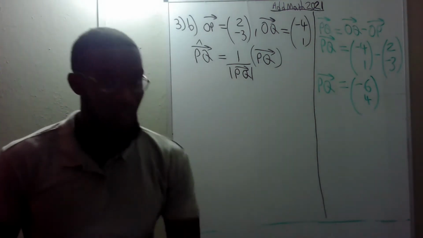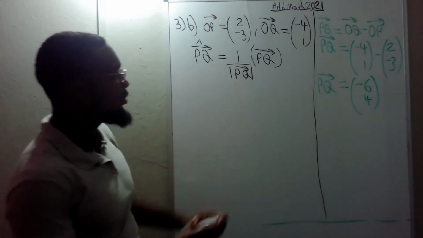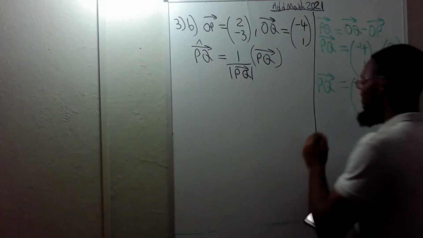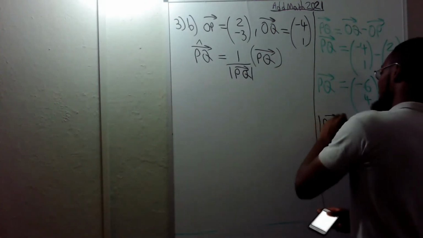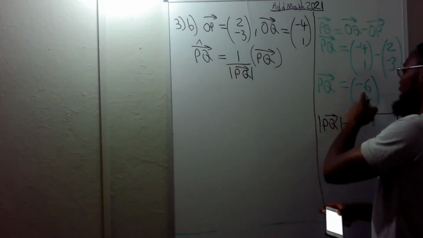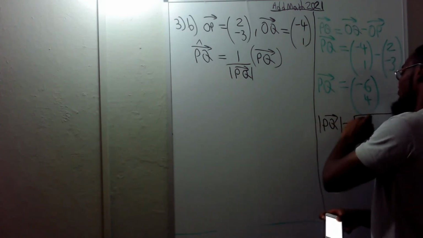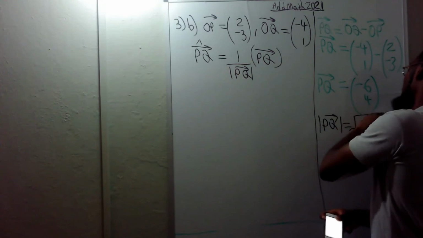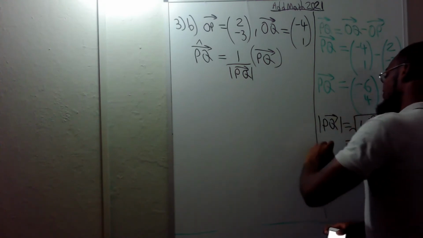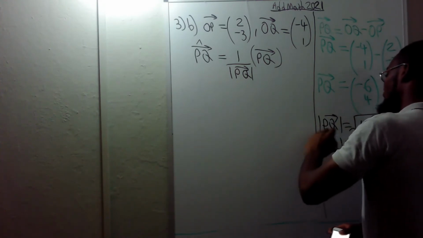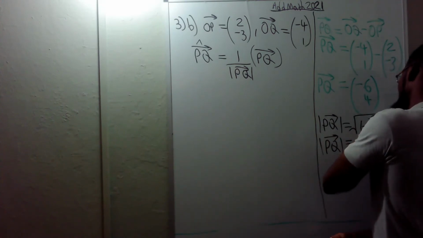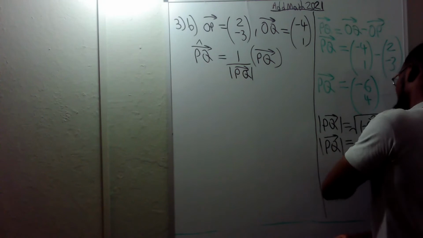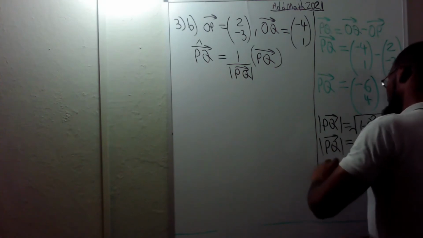Nice. Now the next thing we need is the magnitude of PQ. Remember, the magnitude of a vector is equal to the square root of the x component squared plus the y component squared. And so the magnitude of vector PQ is going to be 36 plus 16 square rooted. That's the square root of 52.